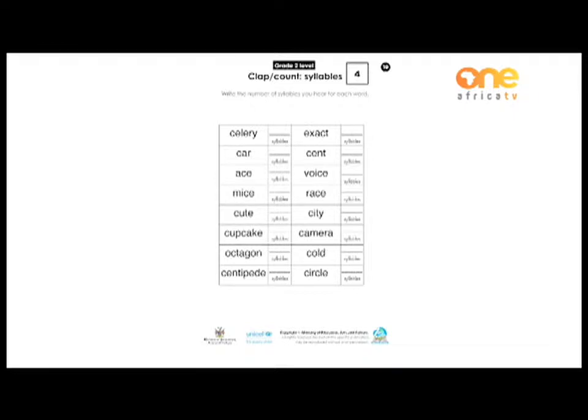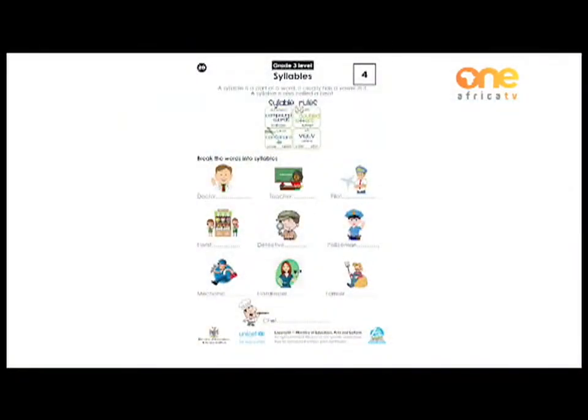And I would like for you to turn to page 20. There we also have syllables. But now this one will be on a grade 3 level, whereby we are going to apply the rules of syllables. There you have the rules there.